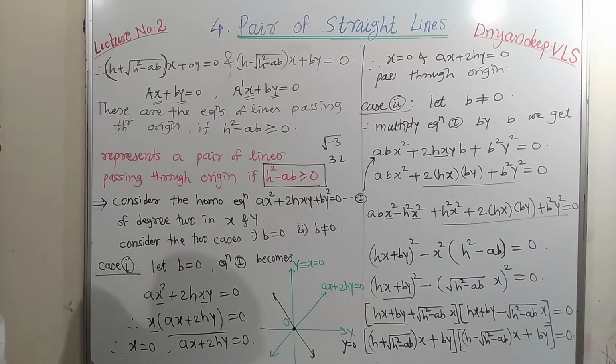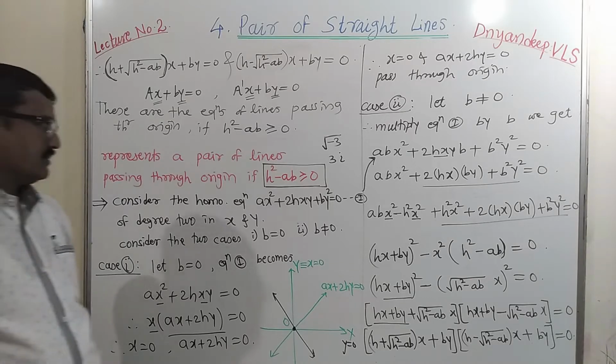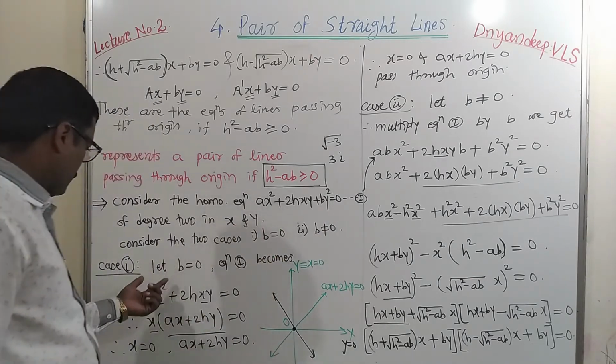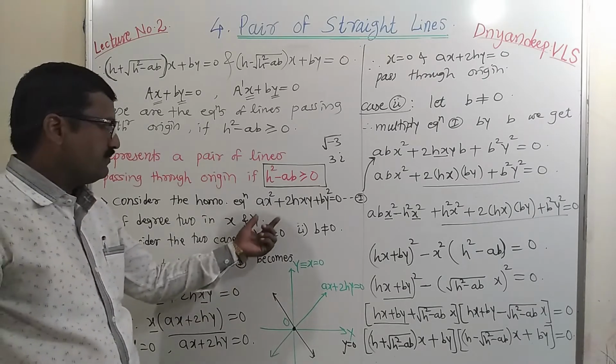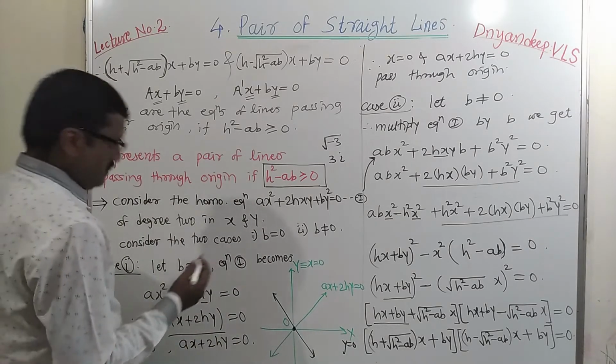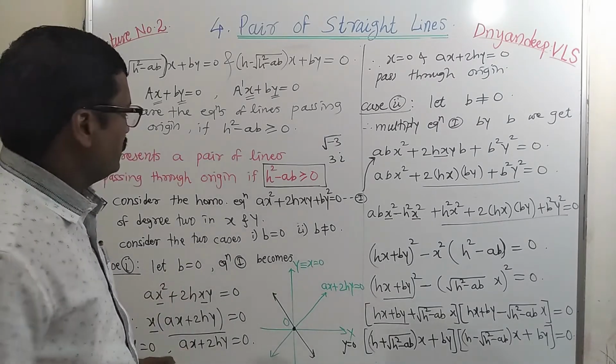One more case is there, whenever the two constants a and b are both 0. In the first case we have taken b equal to 0. If a is also 0, then what will happen? Let us see the remaining cases here.